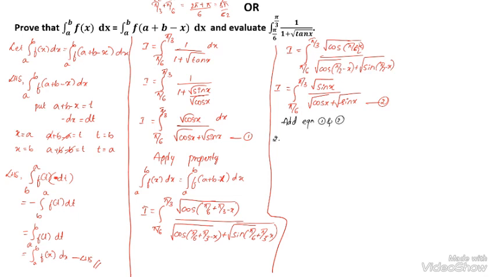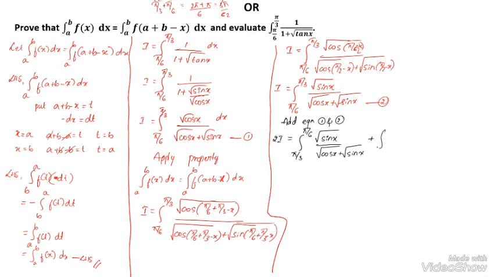Then 2I is equal to the integration. I can take the negative integral, so taking the minus, the limits are pi by 3 to pi by 6 of root of sin x divided by root of cos x plus root of sin x.